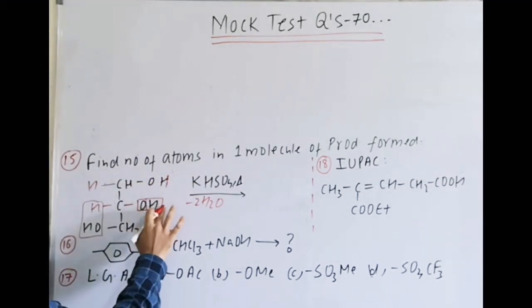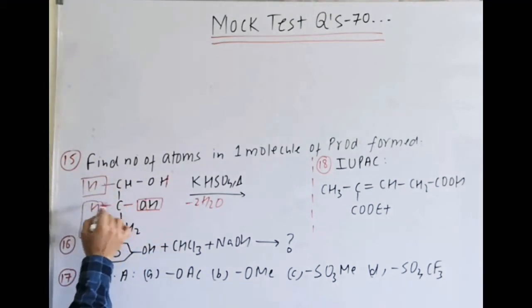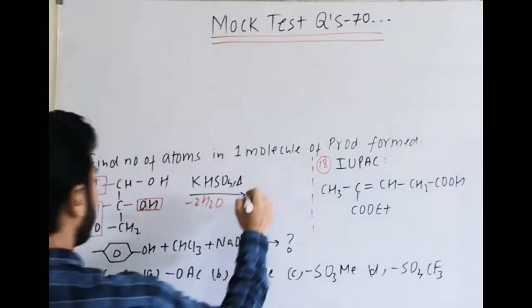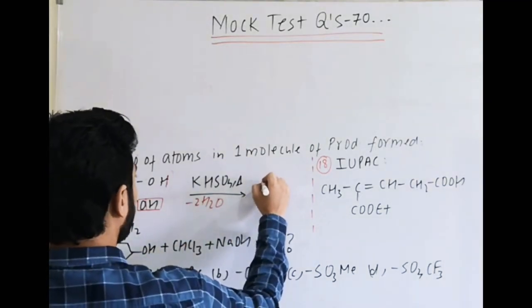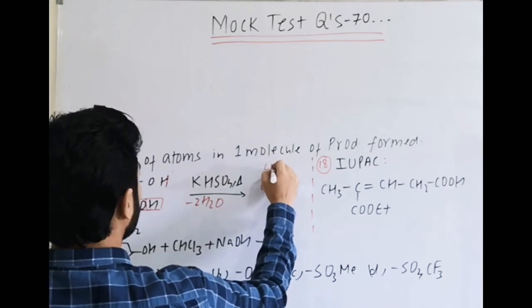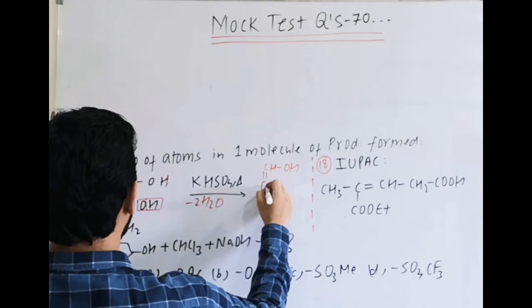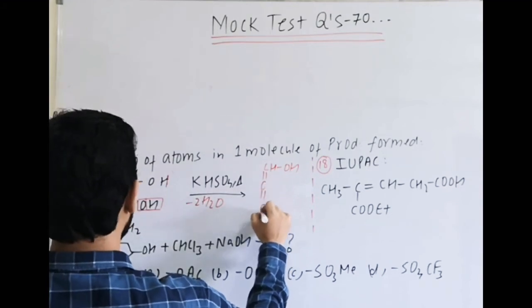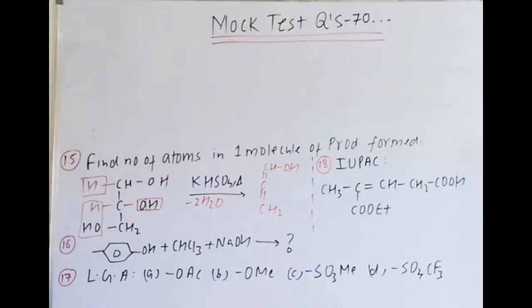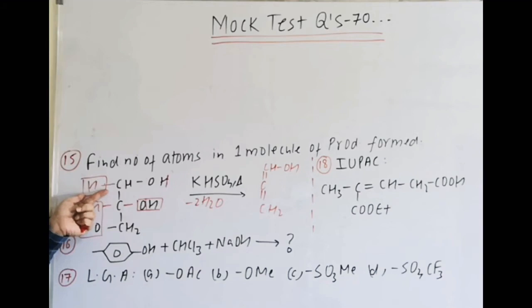Ultimately we know the product formed. Why? Because these are direct reactions. OH, H, from this carbon H, OH, so you will get this type of unstable compound, which is CHOH, and here it is a double bond CH2. Two molecules of water eliminate, OH and H from one carbon, and from this one OH and H from the other carbon, water elimination takes place.